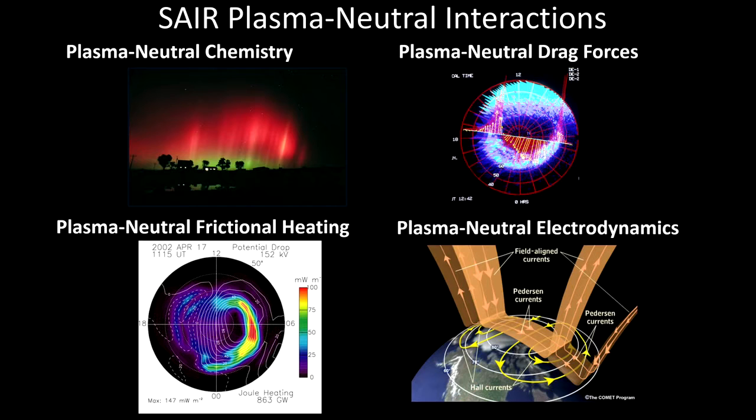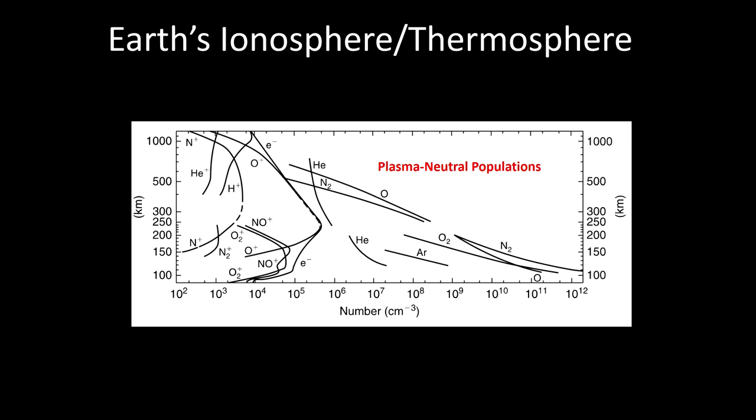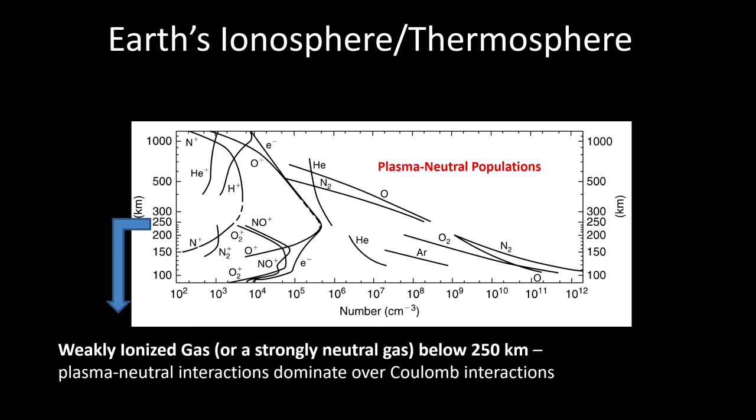And so all of these are plasma neutral interaction elements that hopefully from my tutorial you can relate the descriptions to these various aspects. So defining our plasma is the first step that we should take when trying to determine how we are going to describe the plasma. So here's our diagram of both neutrals as well as charged species in the upper atmosphere. And clearly the neutral gas is dominant in terms of concentration with regard to the plasma.